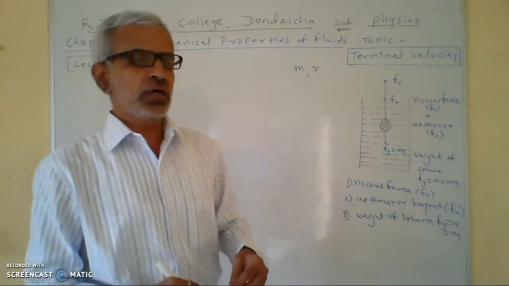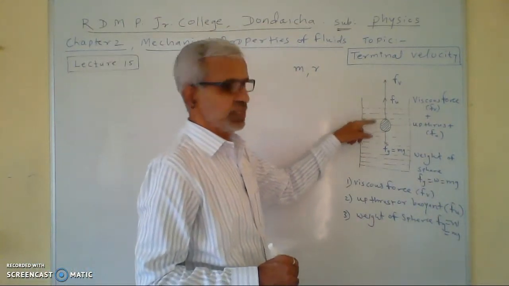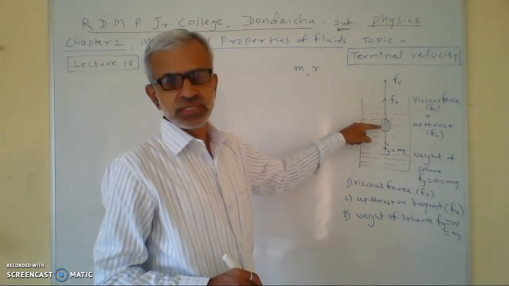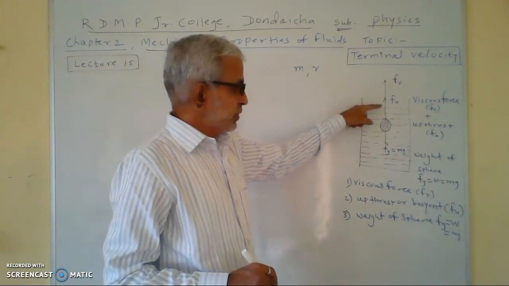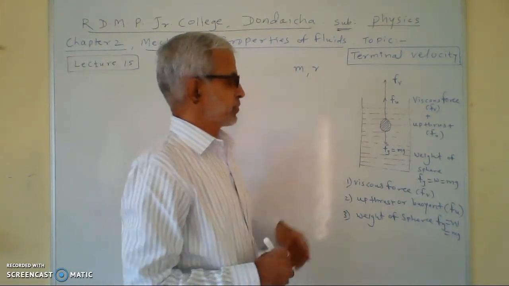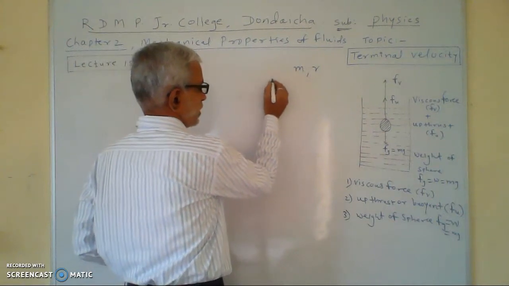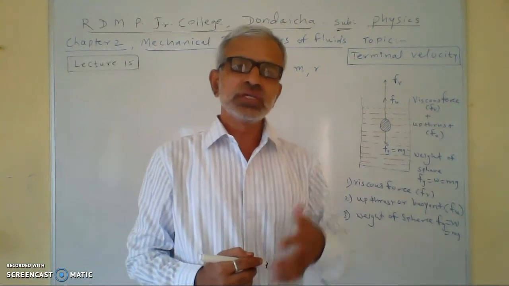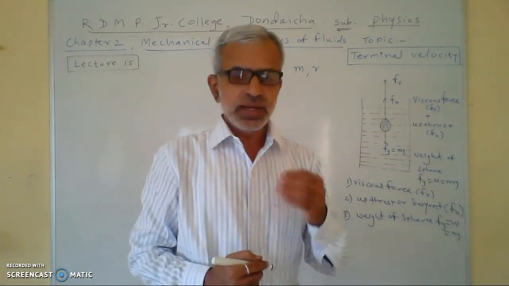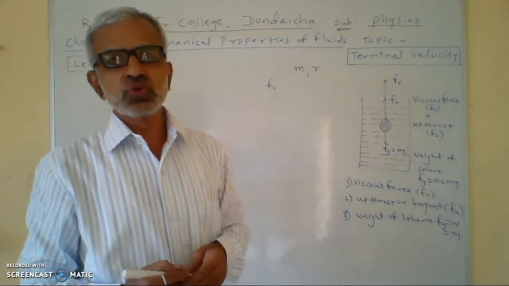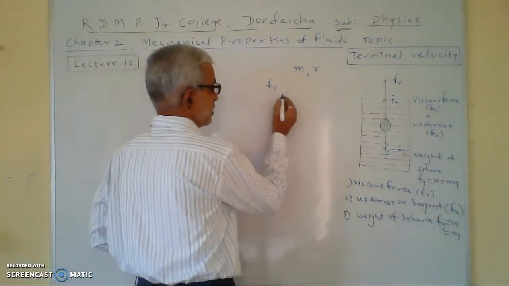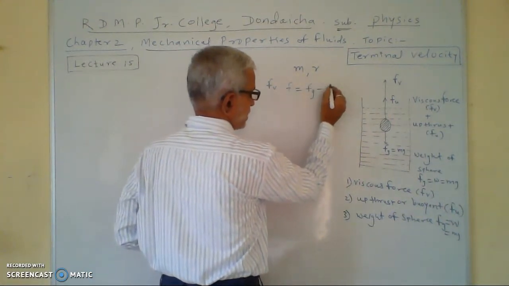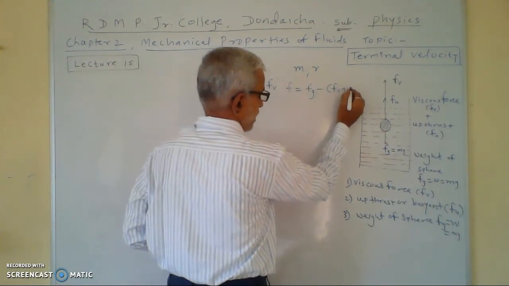Now as this sphere is falling, initially the speed of the sphere is 0 and the speed goes on increasing, and thus as speed goes on increasing, the value of Fv also increases. The viscous force increases with the speed, and the net downward force acting on the sphere will be F equals Fg minus (Fv plus Fu).